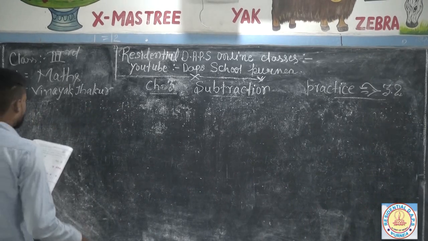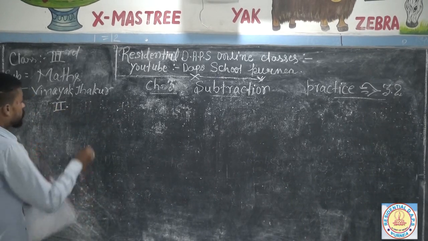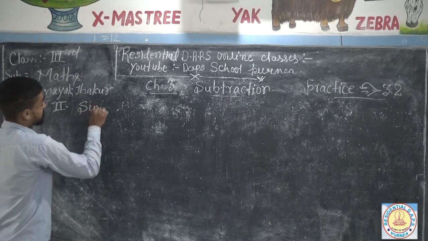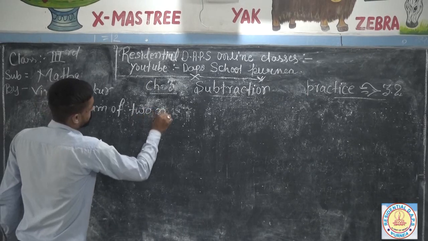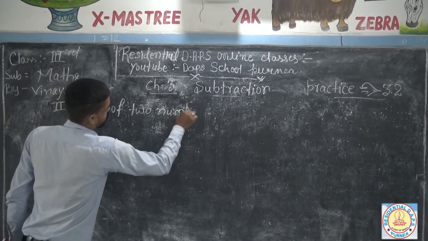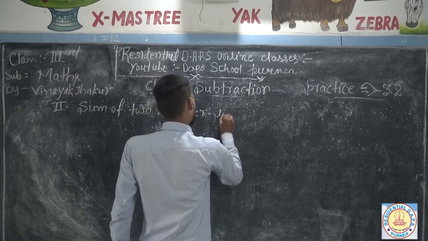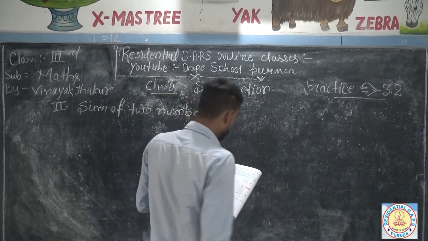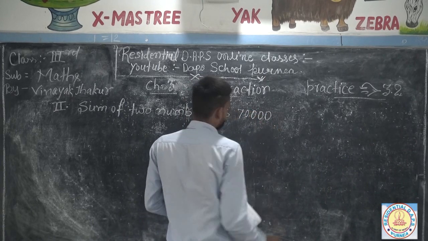Your given question is: the sum of two numbers is 70,000.